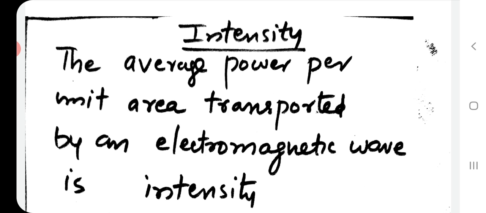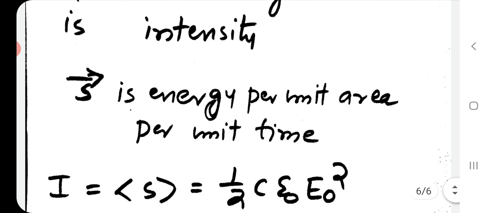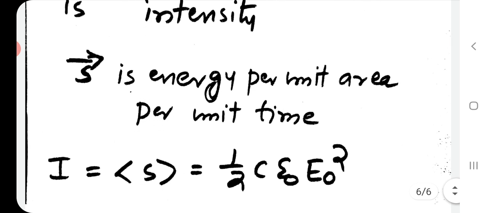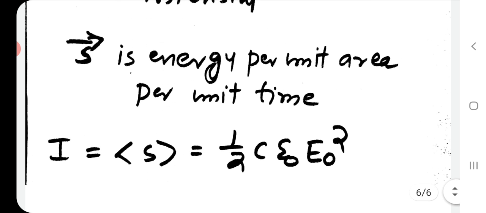Energy per unit time is power, so it is power per unit area. So intensity is actually equal to the Poynting vector, because S is the energy per unit area per unit time. So I is the intensity.